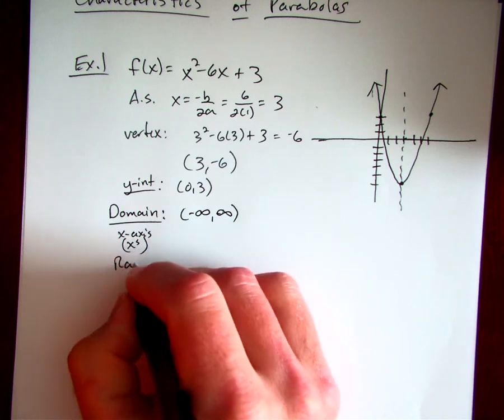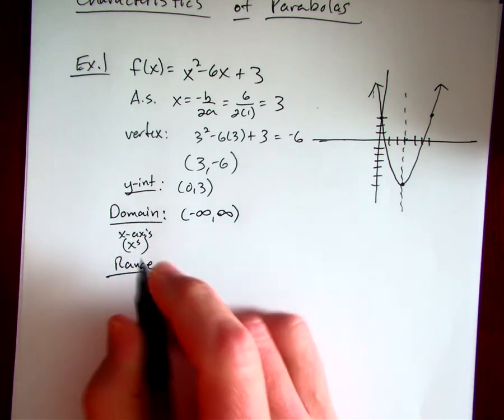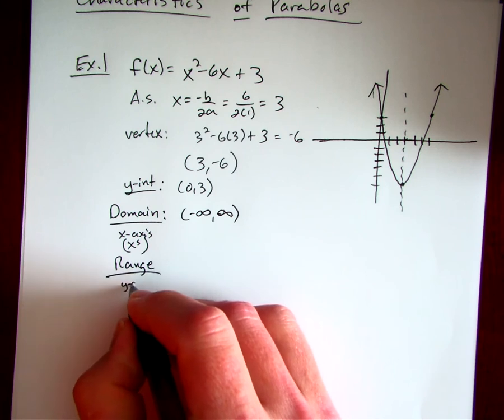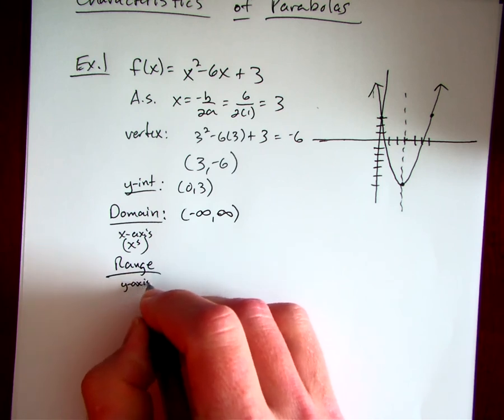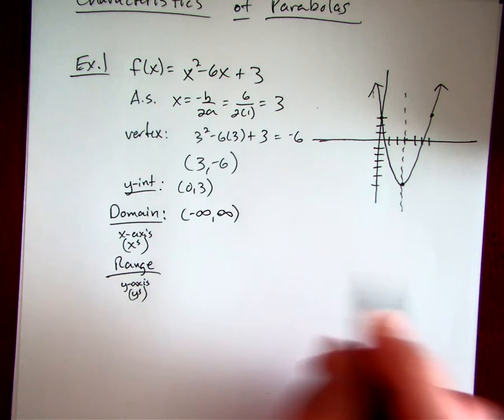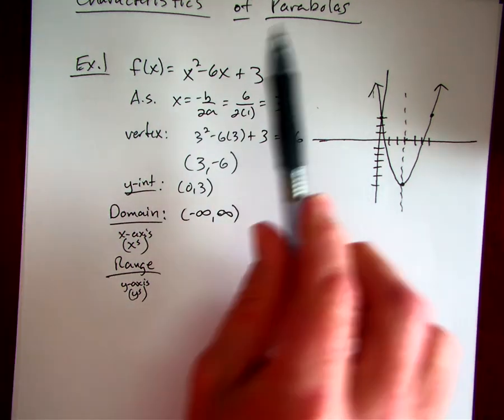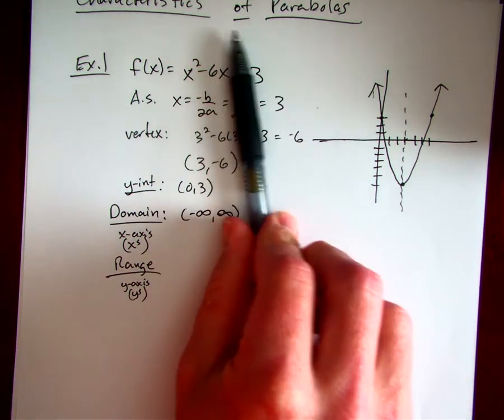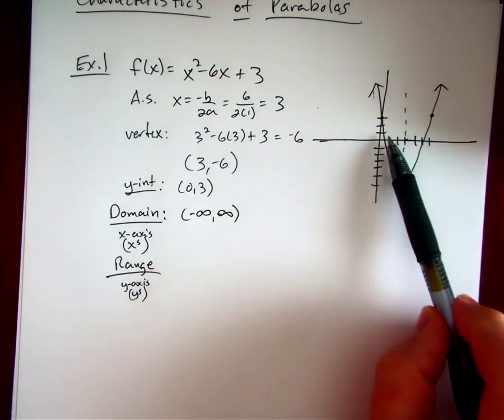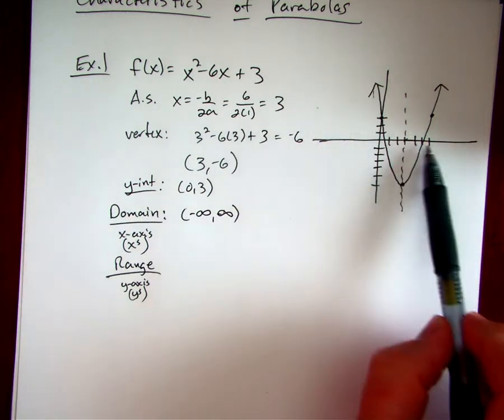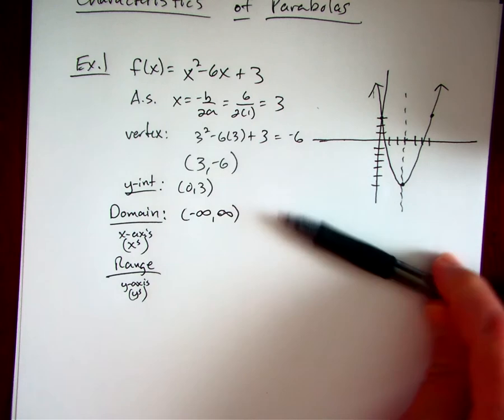The range, again, you've probably seen this before. The range is really about the y-axis, or the y's. Notice I like to use the pencil. For domain, we went from negative infinity to positive infinity because that's where the graph exists. As it goes up, it goes out. Range is the y-axis.